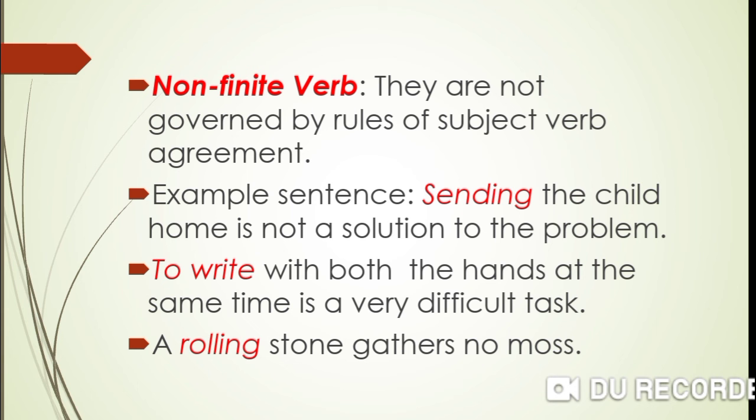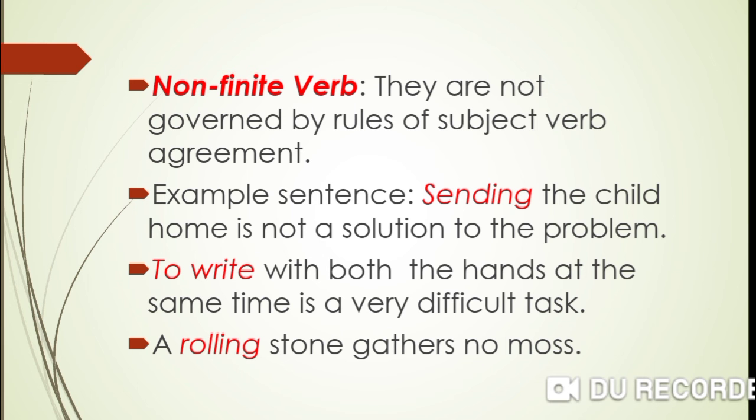If the sentence is in past, sending would still be sending. It seems that sending is the fourth form of the verb, but it is not so. We'll talk about later what kind of non-finite verb it is. Non-finite verbs are also of three types.